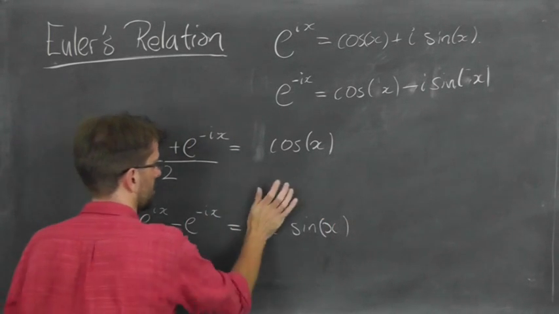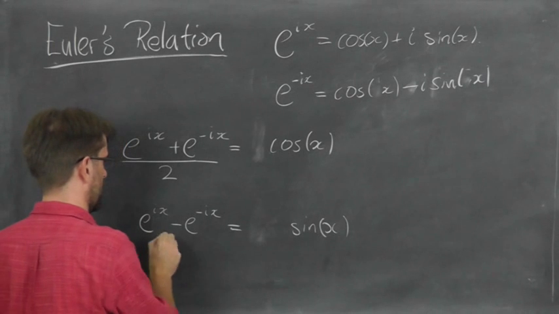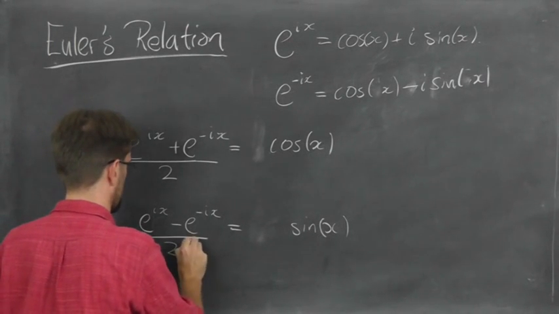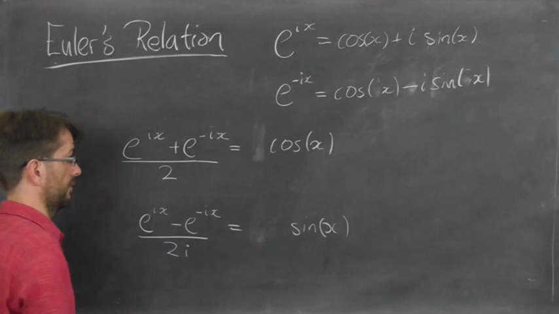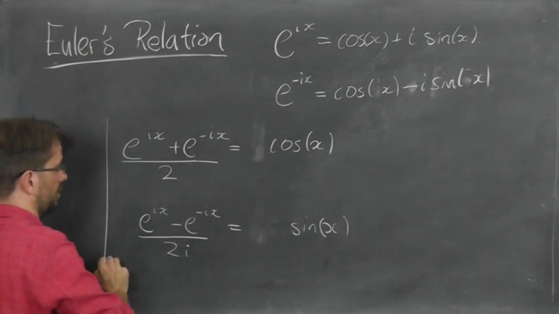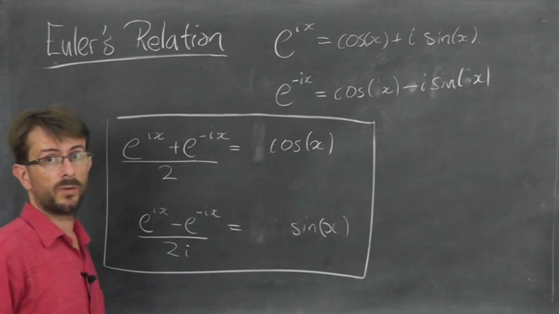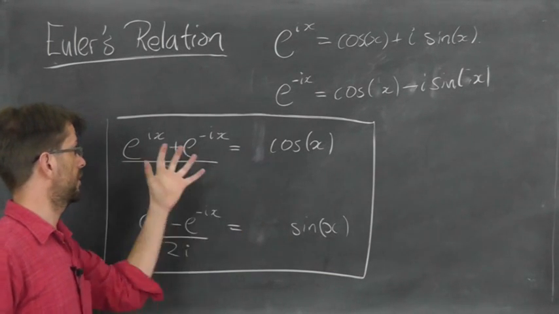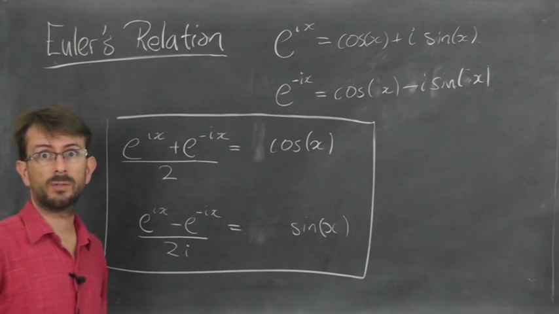And again, we can divide both sides by 2i, so we get that sine x is equal to e to the ix minus e to the minus ix all over 2i. So we get these very, very useful formulae here in terms of cos and sine, in terms of the exponential functions. Okay, so we'll look at some examples of those next time.